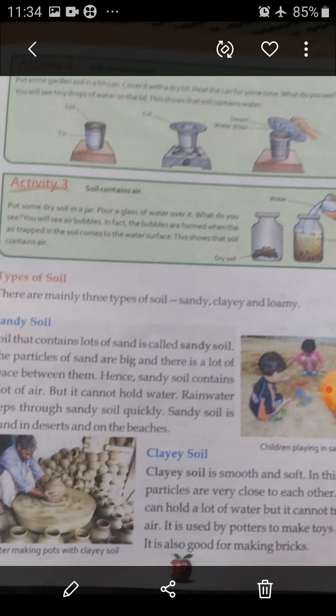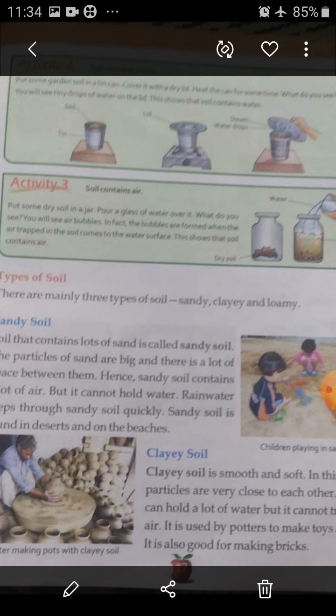The water takes the place of the air, and the air comes out in the form of bubbles. This activity 3 shows that soil contains air.